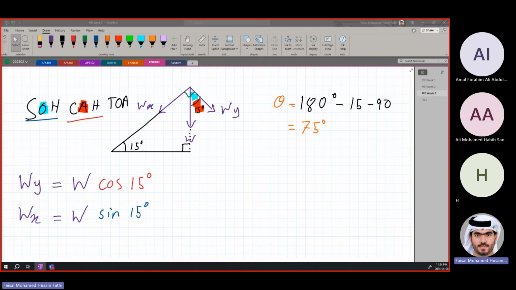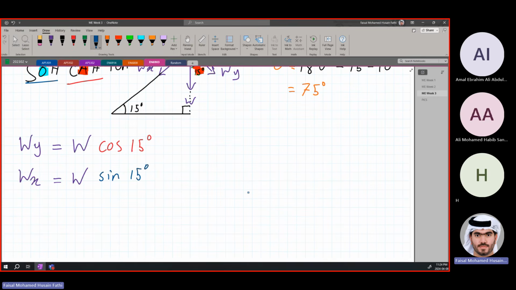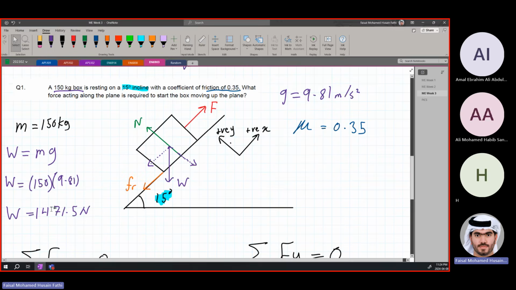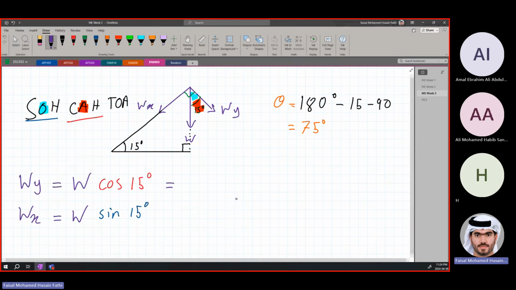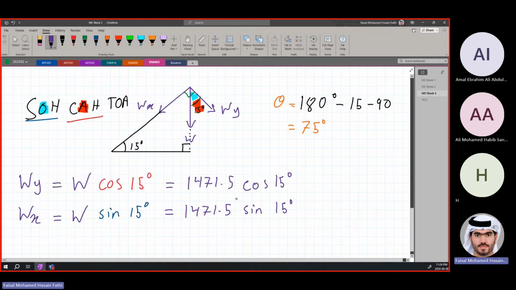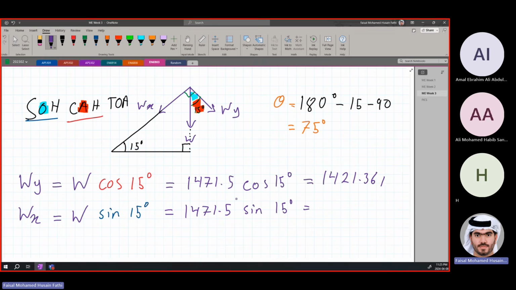Okay. Once we are done with all of this, we can just calculate this now. W is equal to, we found it earlier, 1471.5. So 1471.5 cosine 15 degrees, and this is 1471.5 sine 15 degrees. 1471.5 cosine 15 is equal to 1421.36 newtons.